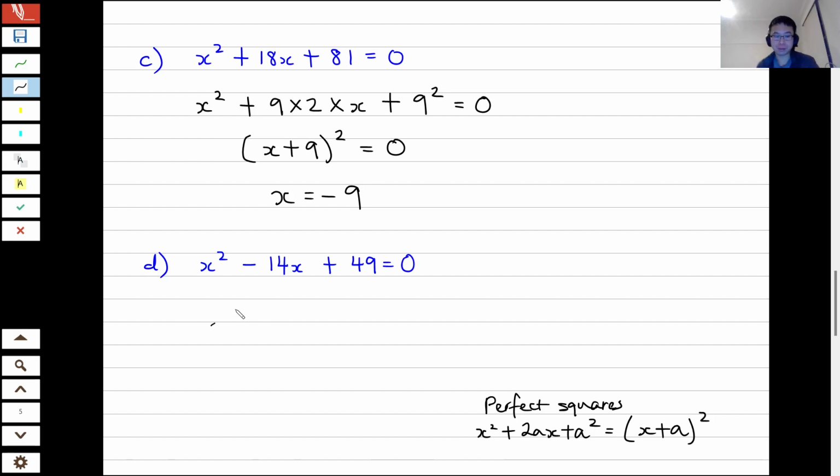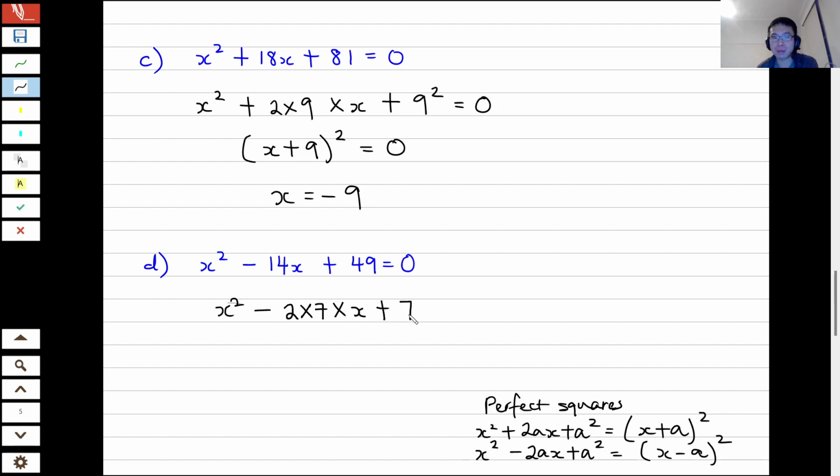In the bottom, I've got x squared minus 14x plus 49 equals 0. And if you remember your perfect square formula, if I have minus 2ax in the middle, this is going to give me (x - a) all squared. So I can write this as x squared minus 2 times 7 times x plus 7 squared.